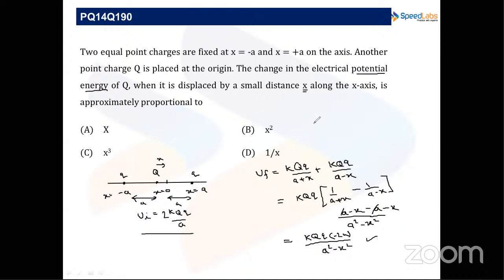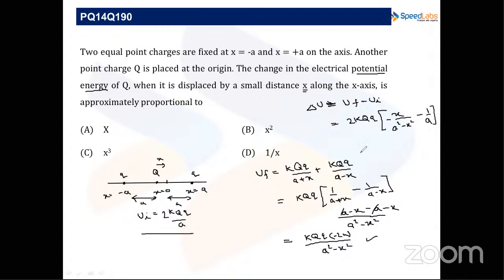What is the change? Delta U, change in potential energy, which we have to find कि किसके proportional में है. So change is final minus initial. And if you just do that, then what will we get? In both of these things, we can take common, right? 2kq. So I'm taking common 2kq small q by, okay, so this becomes final. Final is x by a square minus x square, and then minus initial, that is 1 by a.